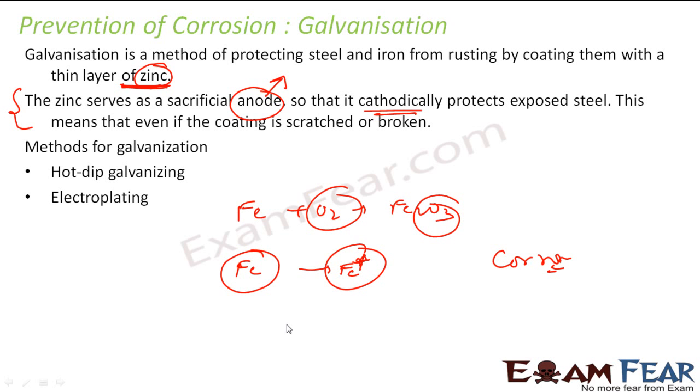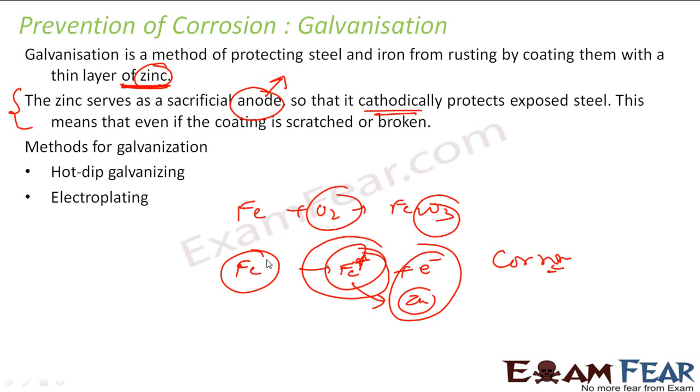Anode is something which takes electrons, right? So whatever extra electrons iron has given, zinc will take it and it won't allow iron to get rusted. Correct? Because anode takes electrons.